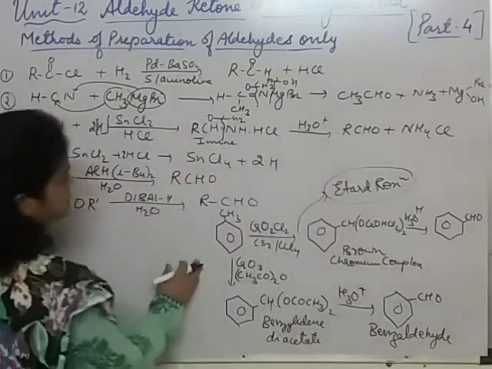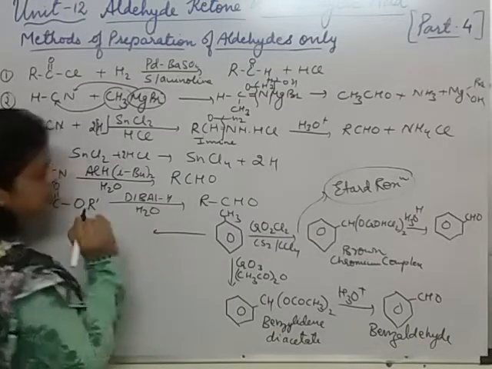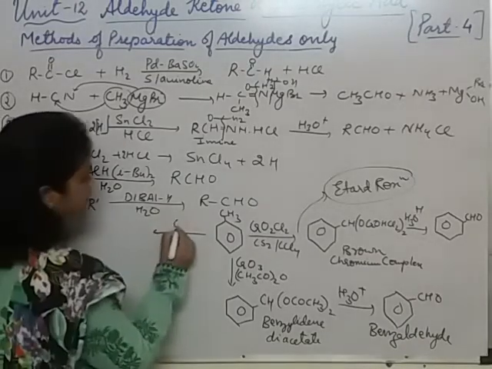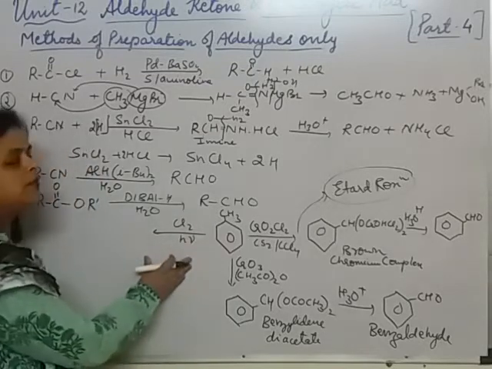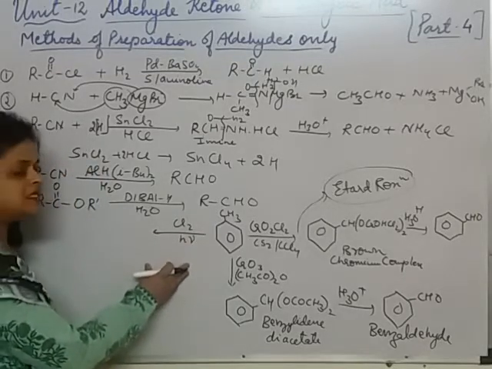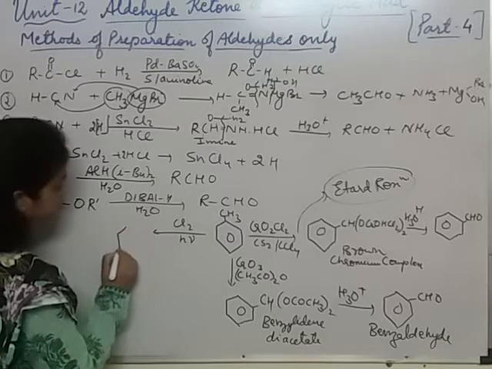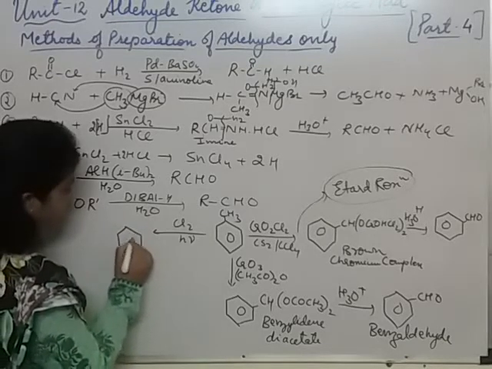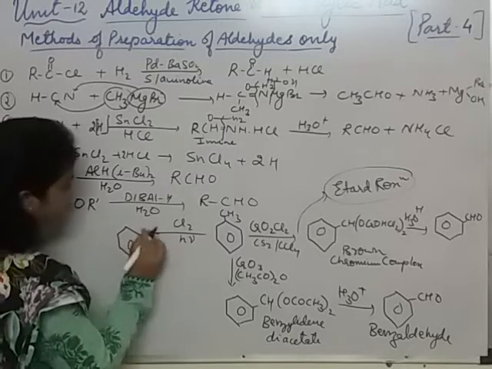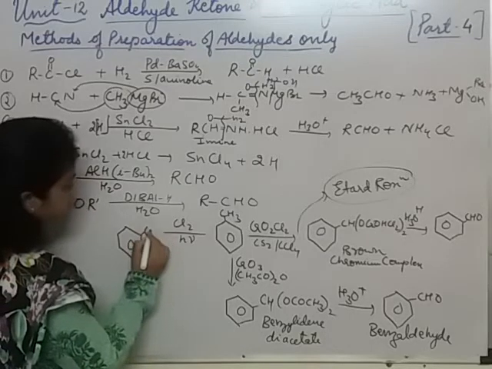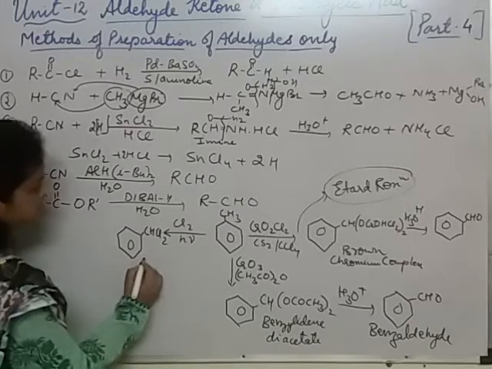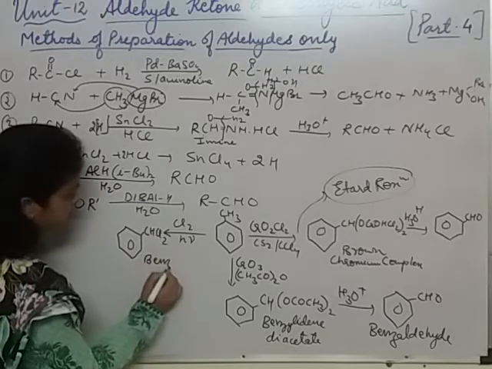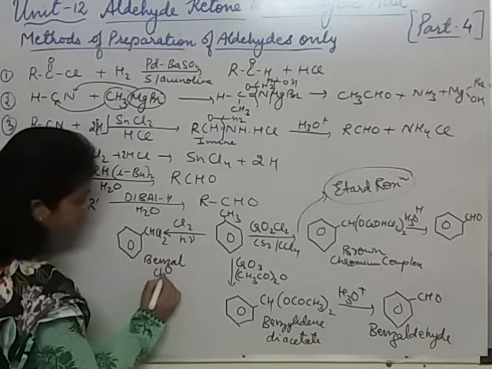Okay. Now the third method. In the third method, we had done the chlorination in presence of ultraviolet rays. It was forming an intermediate that was called benzal chloride, CHCl2.